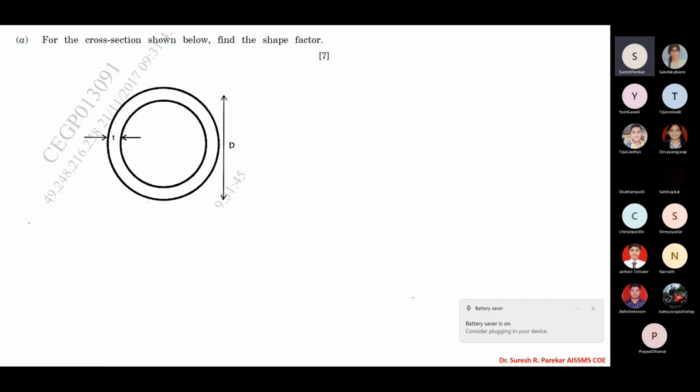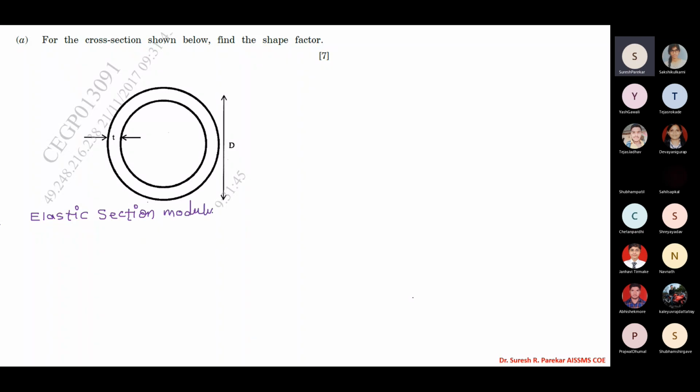Now from the outer one we have to subtract the inner one. So write down first I is equal to, elastic section modulus, sorry. It is symmetrical so both axes are along the same line. In the I section we saw both were different.